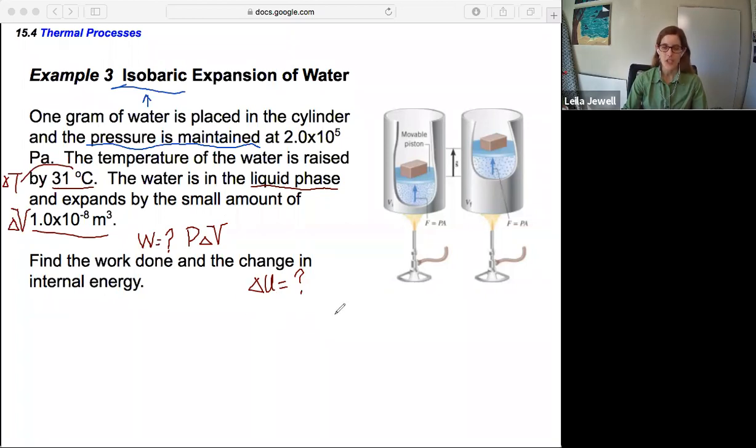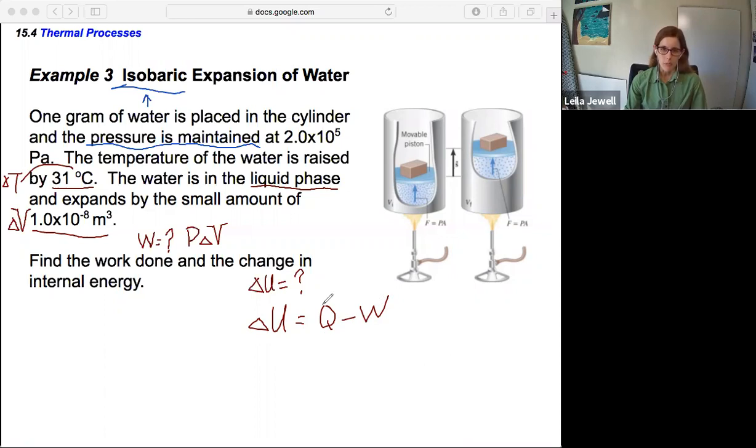What about the change in internal energy? Well, the fact that we solved for the work already gives us a clue that we could probably use that again. So change in internal energy, we could use maybe our first law, that the change in internal energy is Q minus W. That's a good equation. We already know the work.